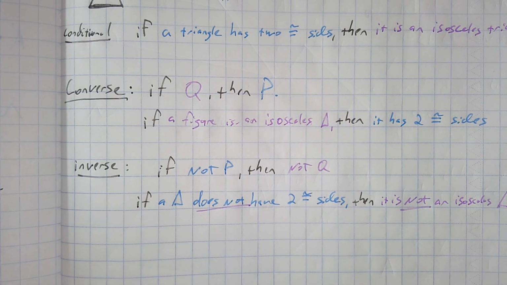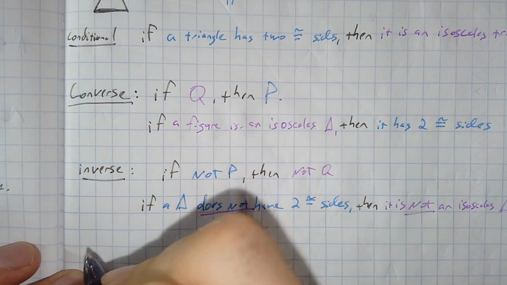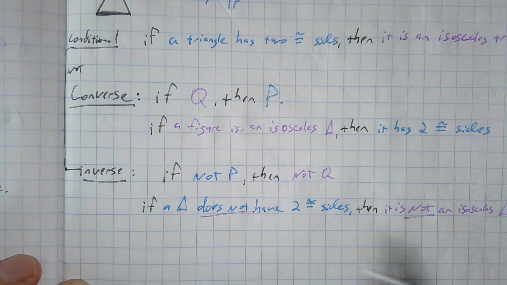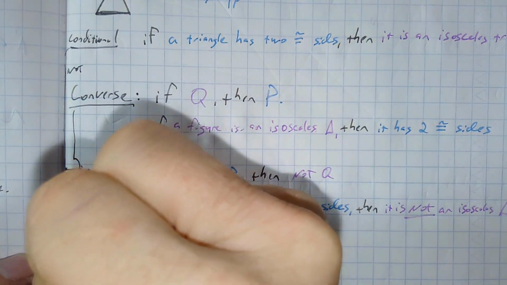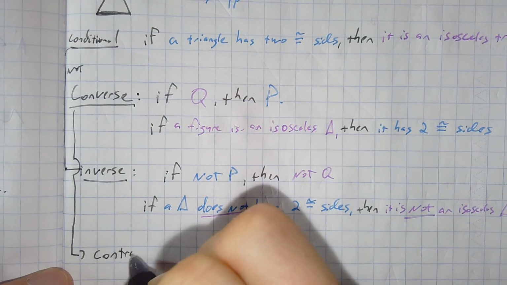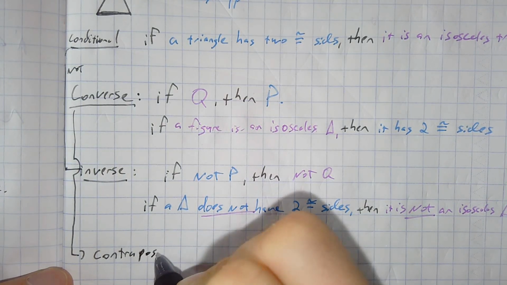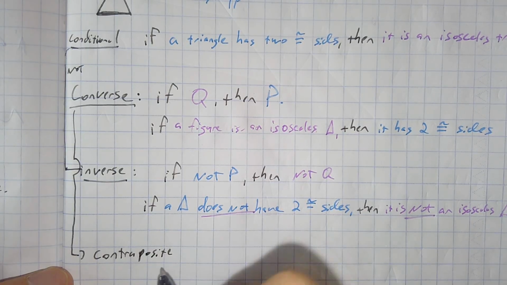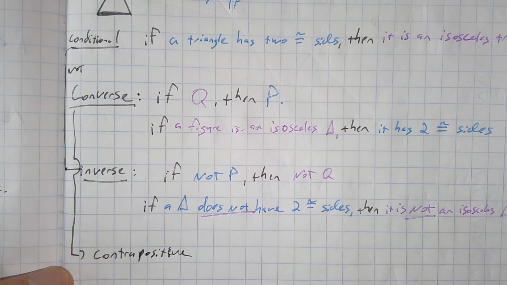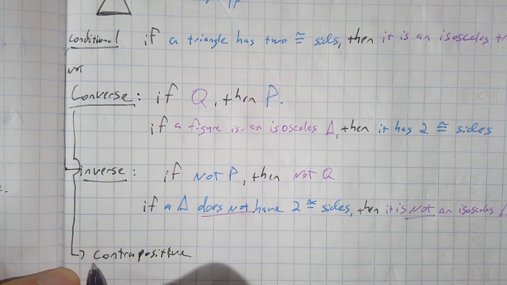Okay, and then finally, this is a contrapositive. So the conditional and the inverse are linked with a not. Okay, and then the converse and the contrapositive are linked with a not. Contrapositive, this is the third type.